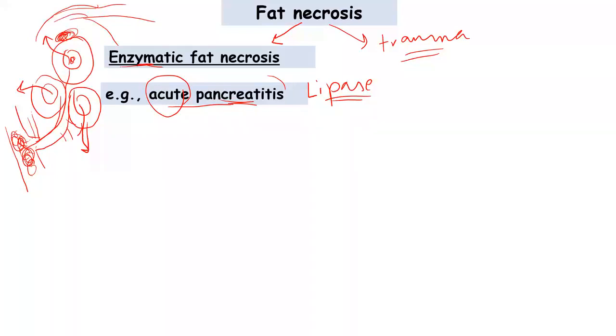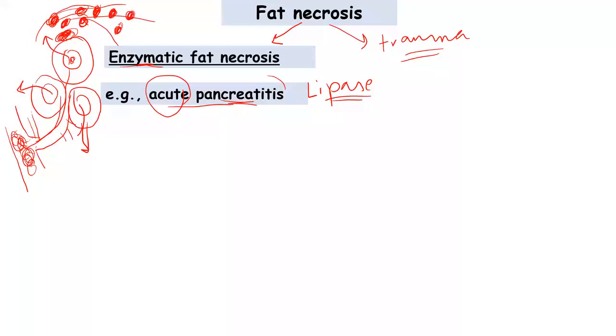It will digest and damage the fat cells, and these damaged fat cells will undergo what is called fat necrosis.